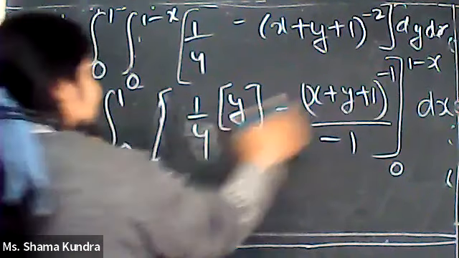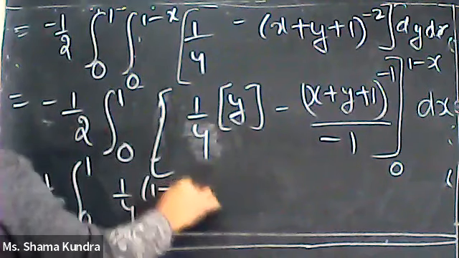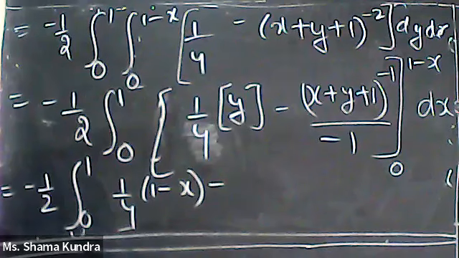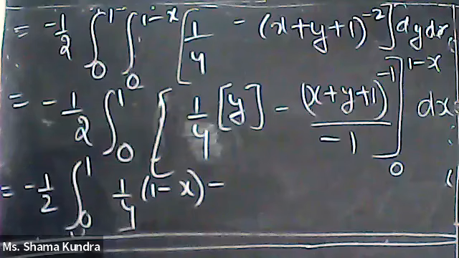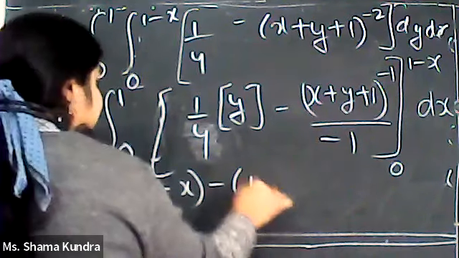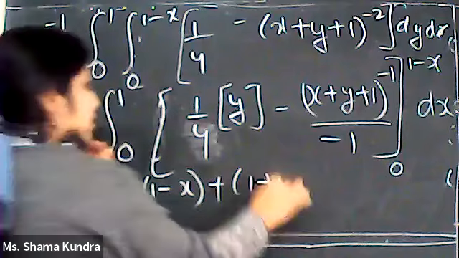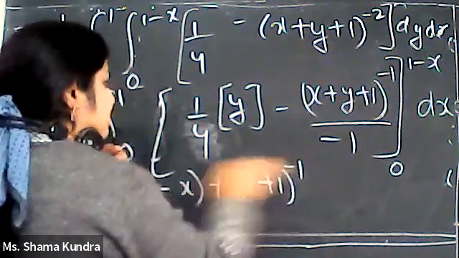First of all, put y equals 1 minus x. You will get 1 minus x, and x and x get cancelled out, and we are left only with 1 plus 1. Here this minus and this minus become plus, so 1 plus 1 raised to power minus 1.